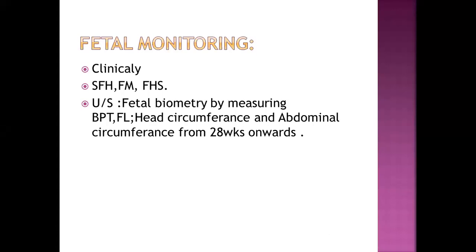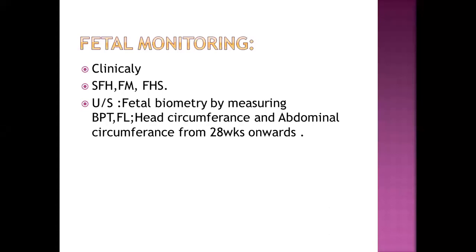Then later on, after 28 weeks, they have serial ultrasound examinations, either every 15 days or monthly, for biometry. Biometry is to exclude fetal macrosomia. In biometry, we assess the biparietal diameter, femur length, head circumference and abdominal circumference, and by this calculation we say whether this is normal growth or abnormal growth.